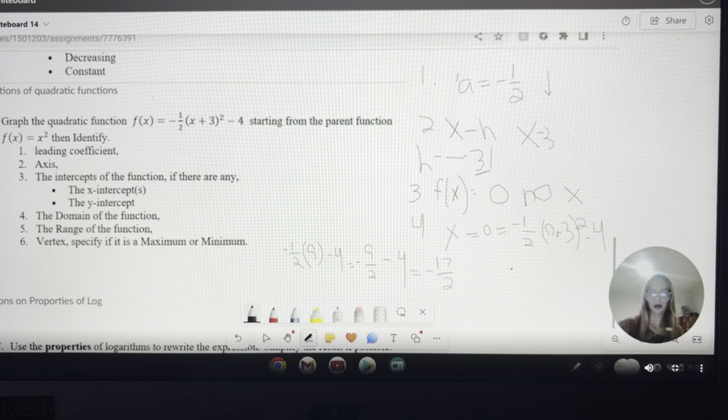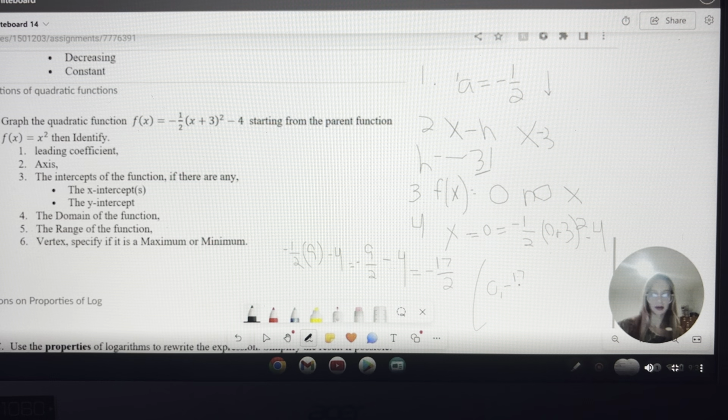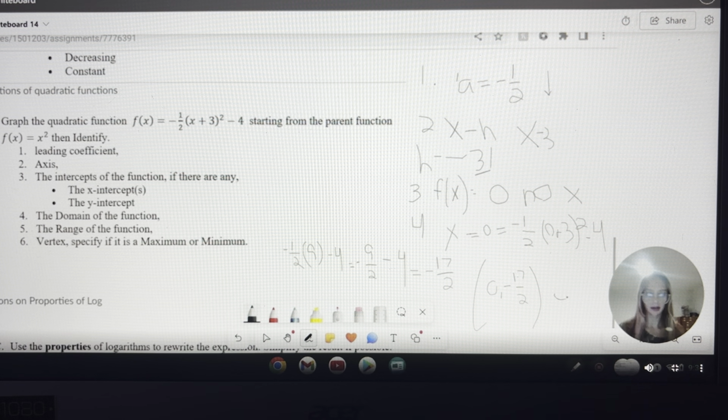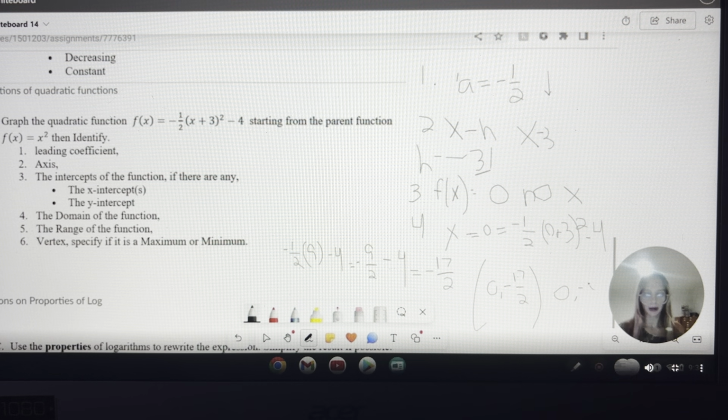So our y-intercept would be 0, -17/2, which is actually just -8.5.